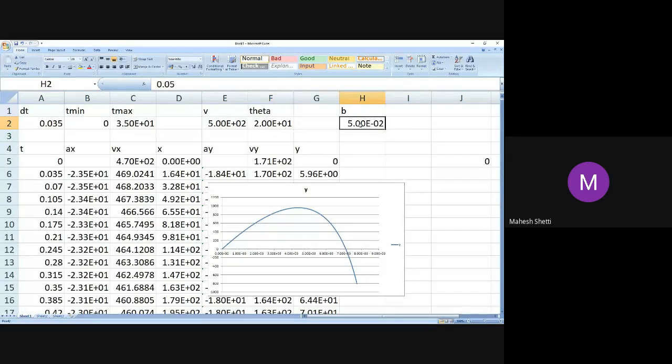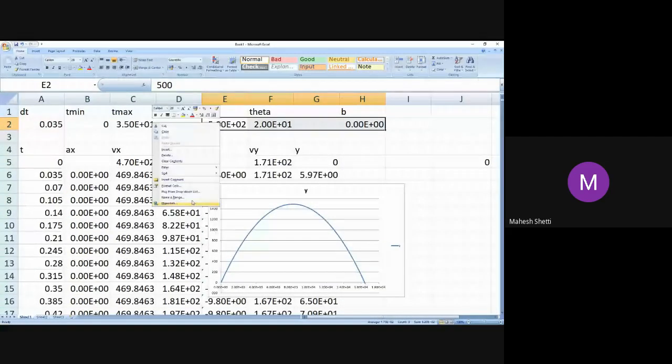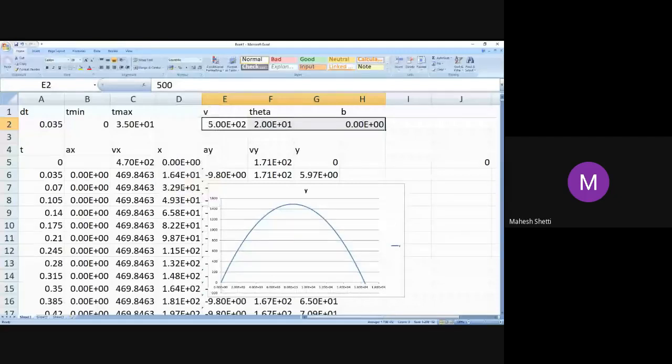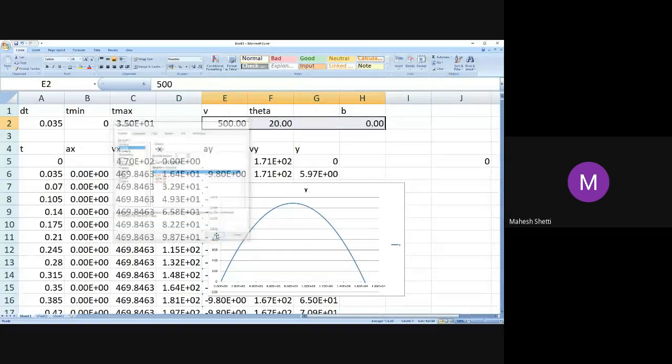Okay, let me keep B at 0 here. And right now, let me change the number format so it is easily readable, with 2 decimal places.